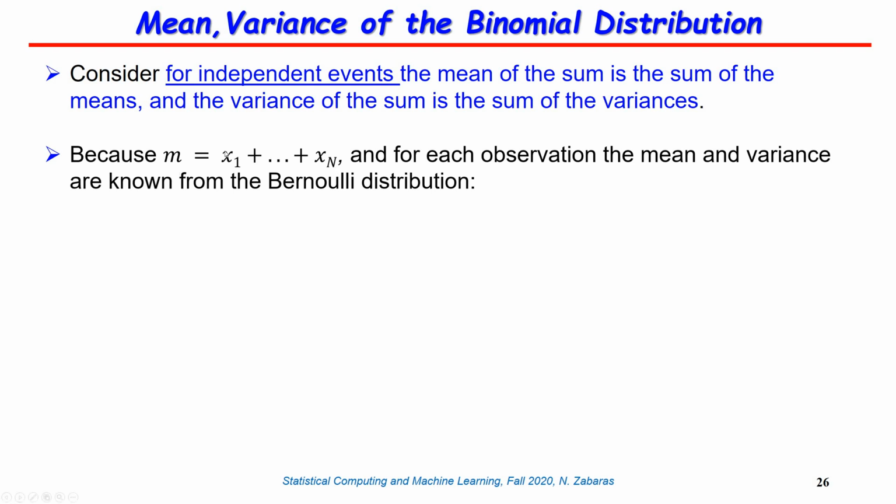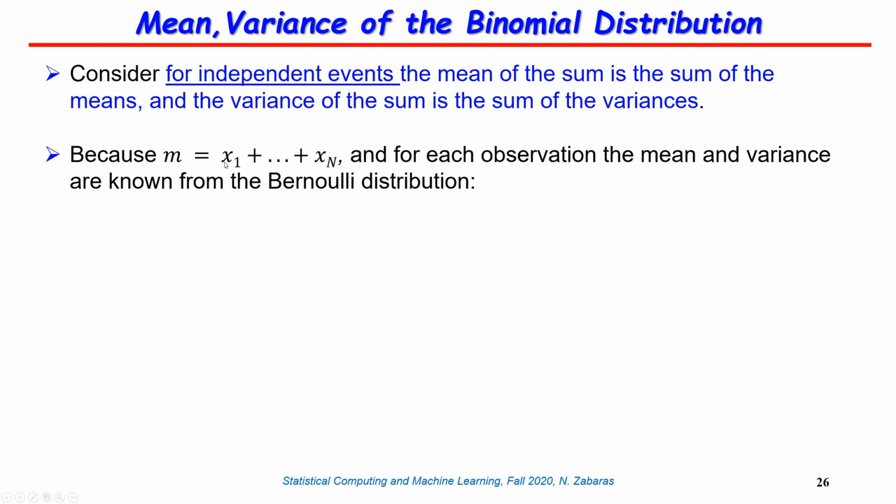The statement says that the mean and the variance of the sum of independent random variables is the sum of the means and the variances of each of those random variables.